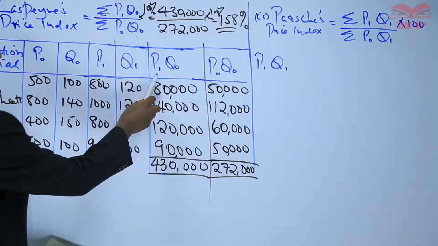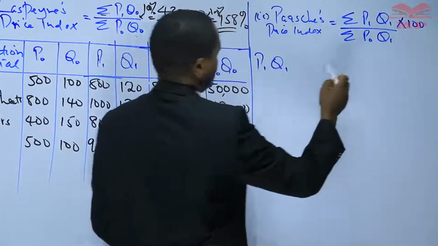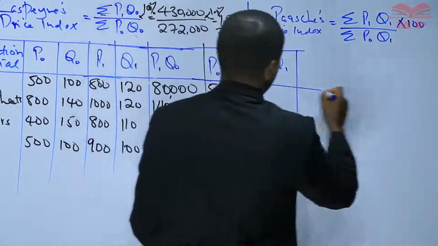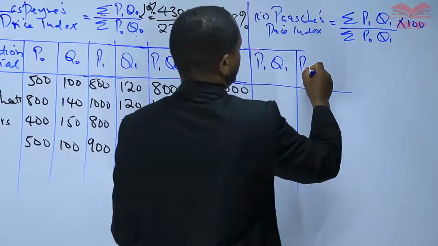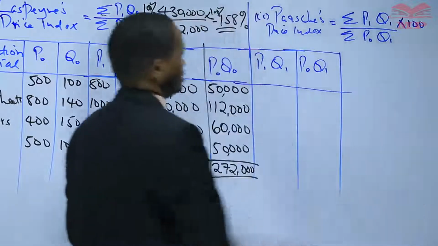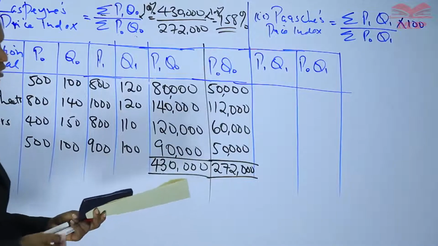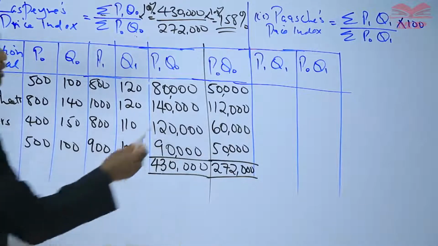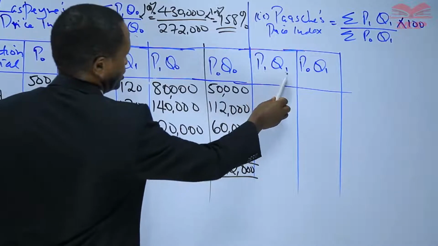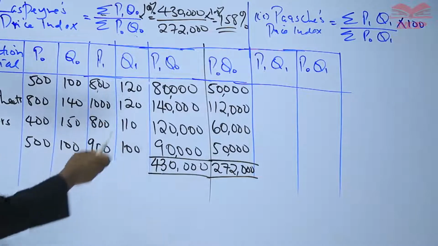We need to calculate it. So candidates, we calculate P1 Q1.